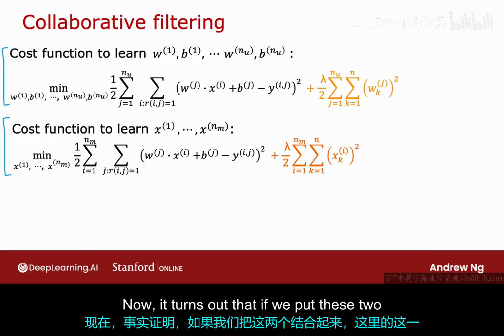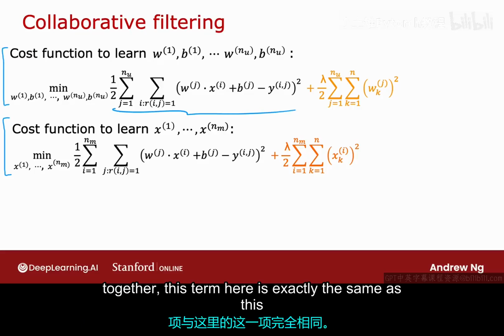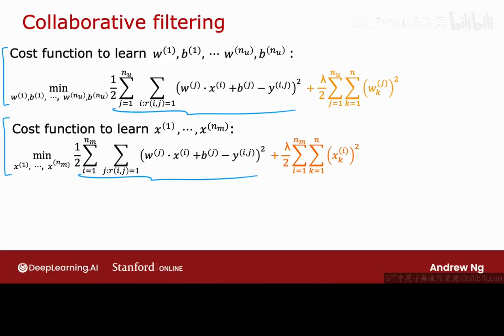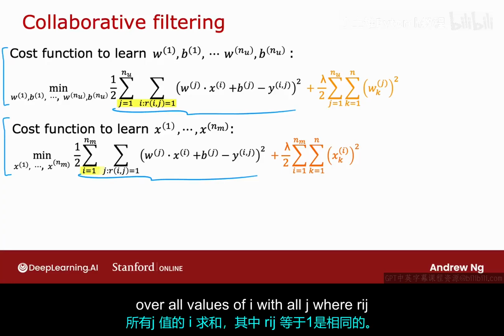Now, it turns out that if we put these two together, this term here is exactly the same as this term here. Notice that the sum over j of all values of i's, that r(i,j) equals 1, is the same as summing over all values of i with all j where r(i,j) is equal to 1.